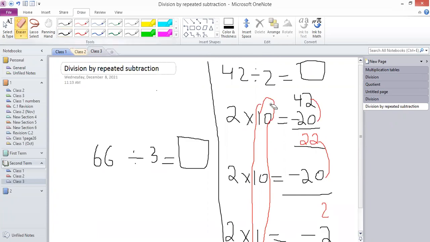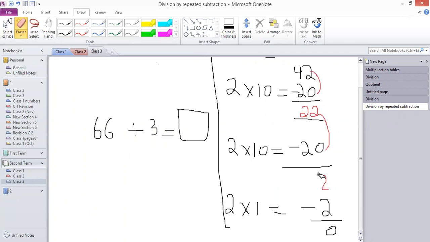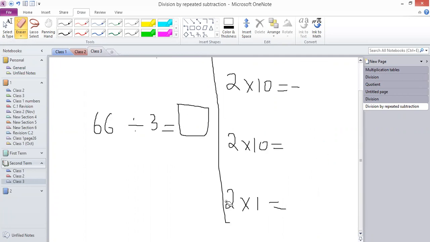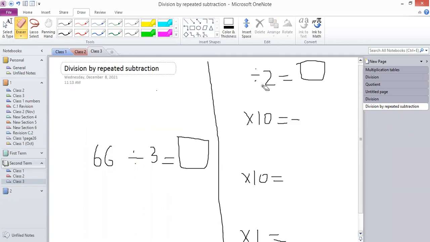So you want to divide 66 by 3. This is your question. 66 divided by 3 equals what?